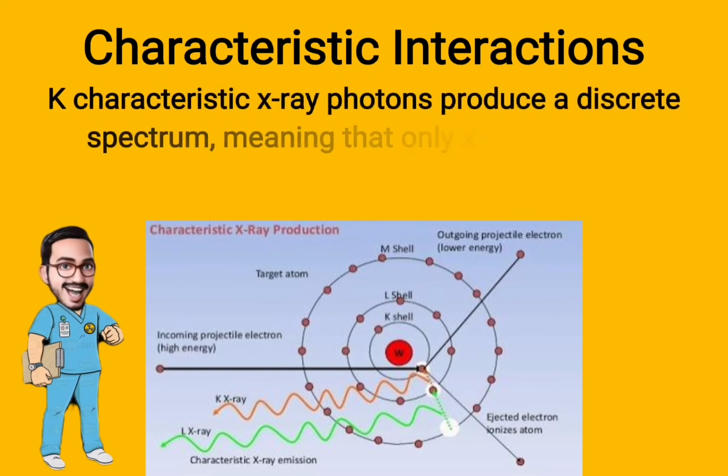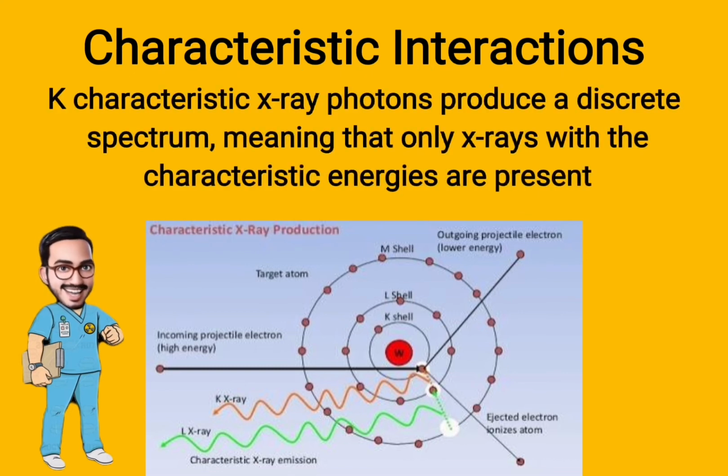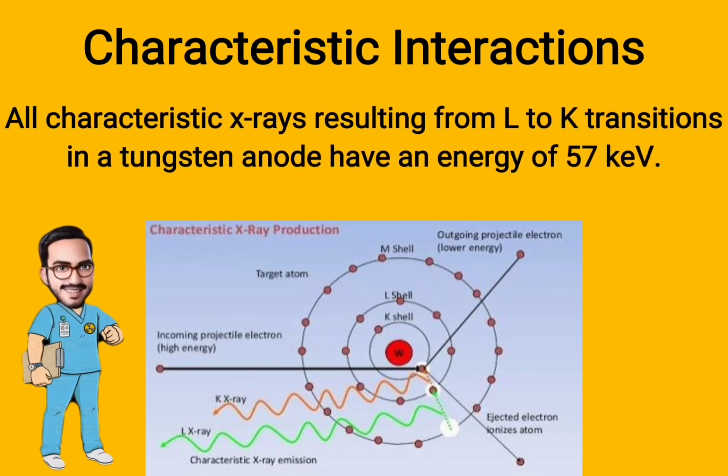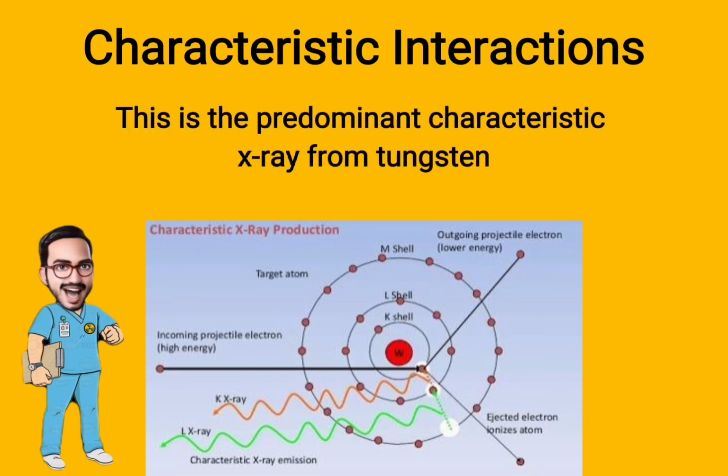K characteristic X-ray photons produce a discrete spectrum, meaning that only X-rays with the characteristic energies are present. All characteristic X-rays resulting from L to K transitions in a tungsten anode have an energy of 57 keV. This is the predominant characteristic X-ray from tungsten.